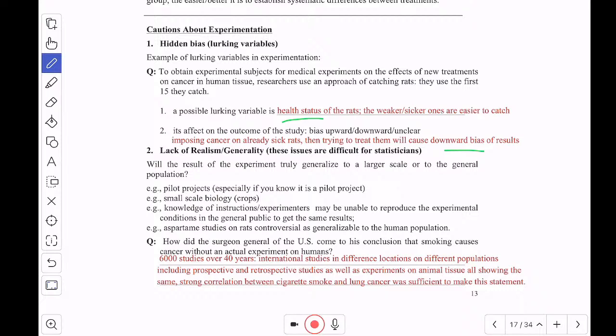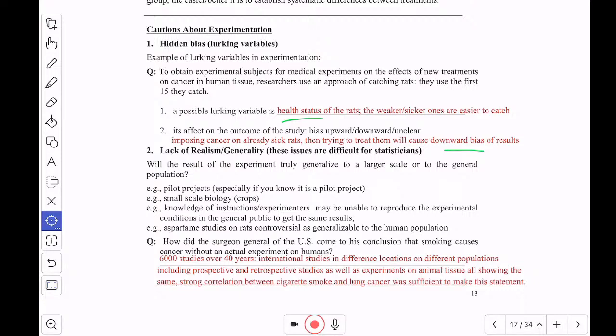You can't just take things that are in a sterile environment like a pilot project or a small-scale biology study on crops and then use the results to say, well, that'll be the same in the general environment, when we know in the environment there are a number of elements that a small-scale project with crops in a lab or in a greenhouse will not be able to carry to the natural environment.